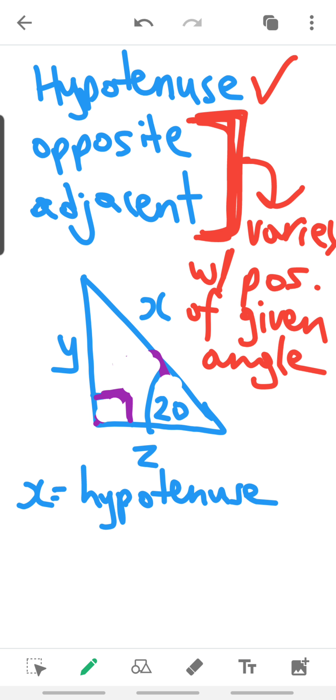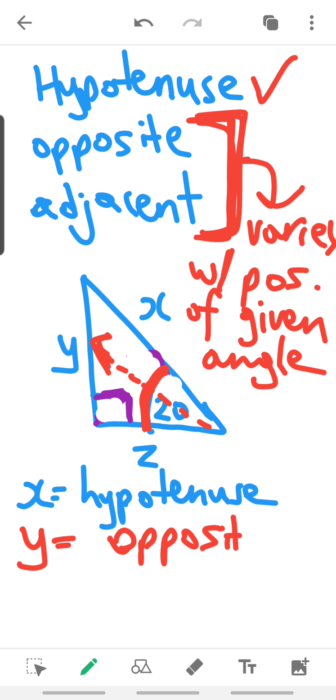So for example, our given angle here is 20 degrees. So we're going to look at the sides. Now, if we're trying to identify the opposite side, we know this is where our angle is. So if we're looking for the side that's opposite to this angle, directly opposite to this angle is y. So therefore, we can identify that y is our opposite side.